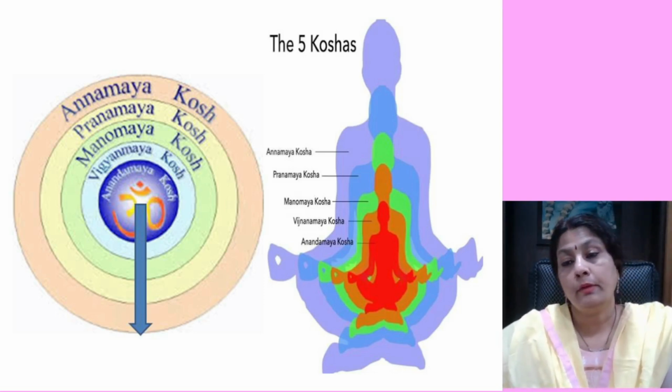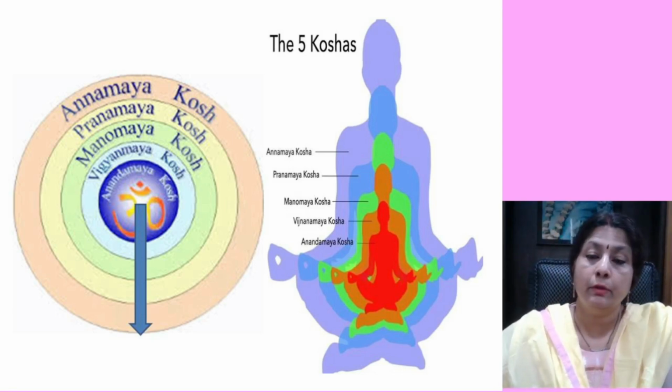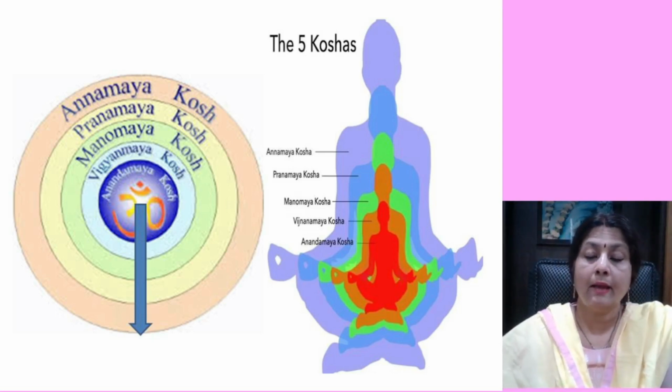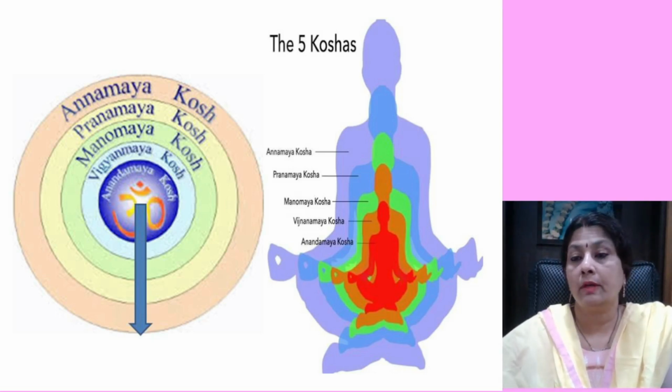Now we have to turn inwards. When we turn inwards, we go in the reverse order. So the first thing to get activated is the pranic sheath. This only happens after we gain mastery over our physical body.